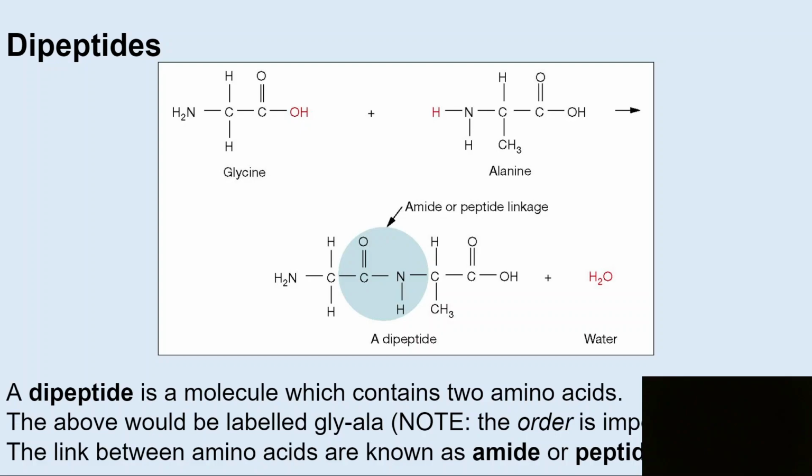Whereas if I have ala-gly, right? So there are three-letter abbreviations. So gly-ala will look like this.